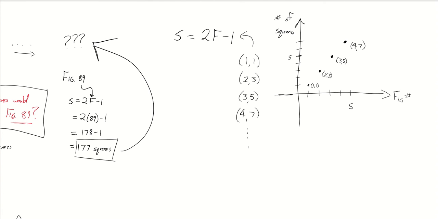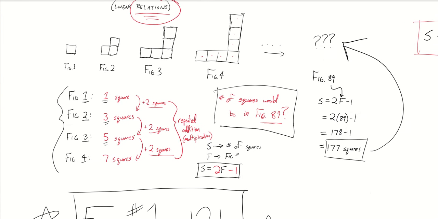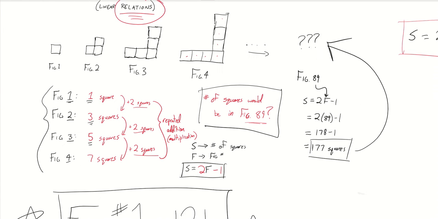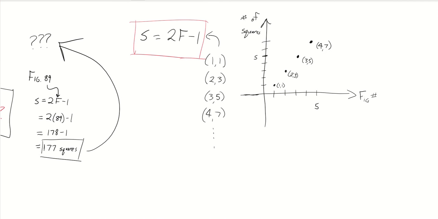And the reason for that is because this particular equation models the relationship between the figure number and the number of squares that exist there. And if you wanted, you could plug in a number in between what we've plugged in. So you could try plugging in 1.5, right? And you would have s equals 2 times 1.5 minus 1, which would be 3 minus 1, which would be 2. And you could argue, okay, the point 1.5 and 2 should be on this graph, right?